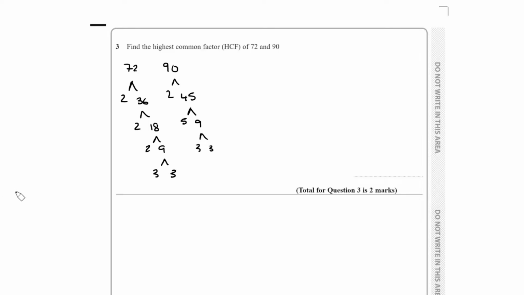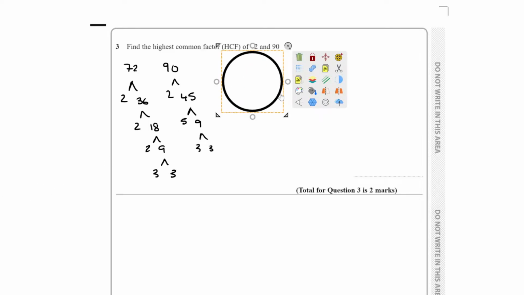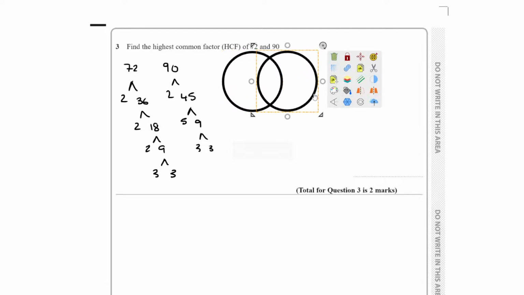Then you can just scribble some circles, doesn't have to be nice. Obviously see which overlaps. We've got a pair of 2s here, so that's in the middle. What else have we got in common? A 3 and a 3. We've got 2 pairs of 3.